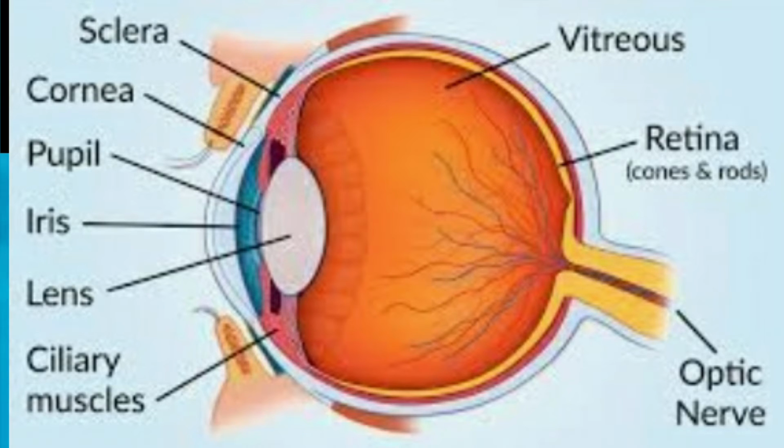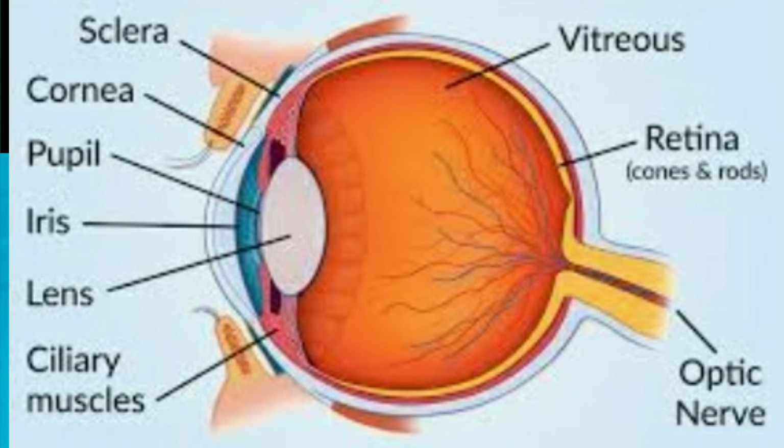Thereby, the image of the closer object is clearly formed on the retina. So, the change in focal length of the eye lens by the help of the ciliary muscles is called the power of accommodation of the eye.